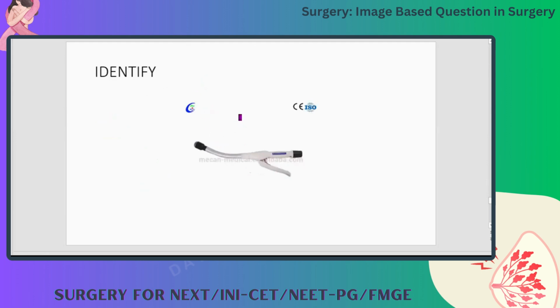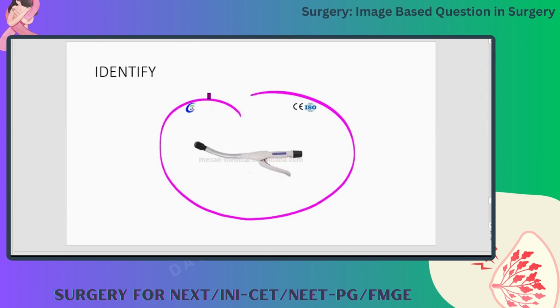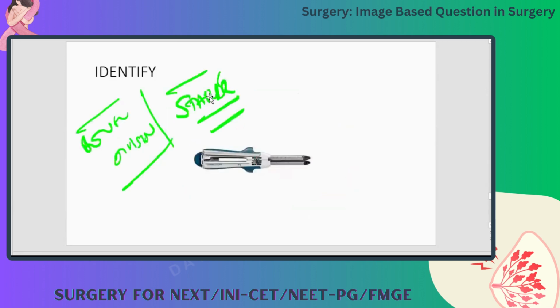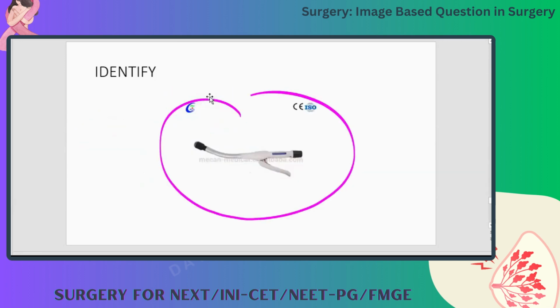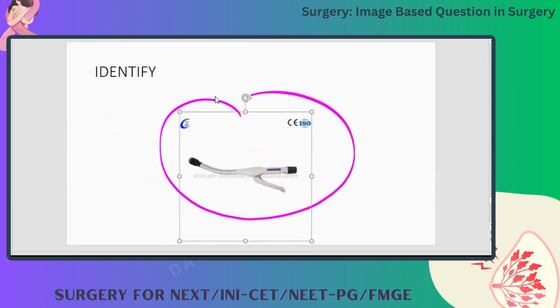This one, seen before? It's a circular stapler. That is a linear stapler, and this is a circular stapler. This is also used for bowel anastomosis. This end is placed in the anus, and then we can fire it.